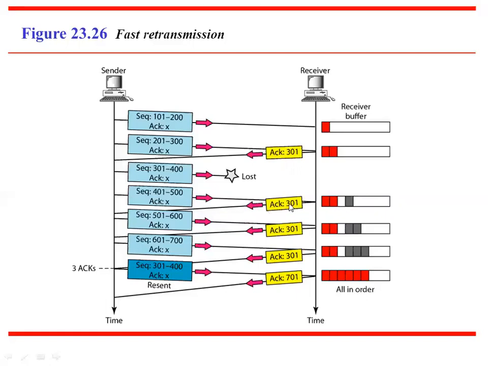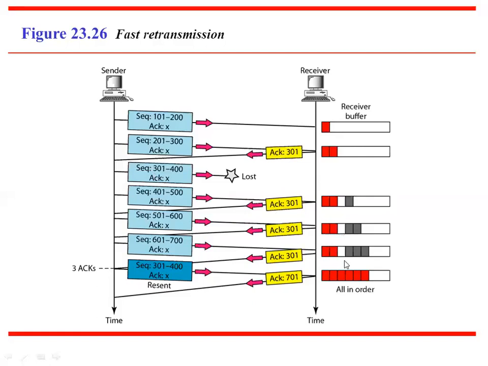In the acknowledgement, the number that the receiver is using is the number of that lost segment. So the receiver is sending acknowledgement 301 for this segment which it received successfully. Then again it is receiving another segment which it is storing in memory and sending an acknowledgement with number 301, because the receiver, here you can see, is still expecting to receive 301.